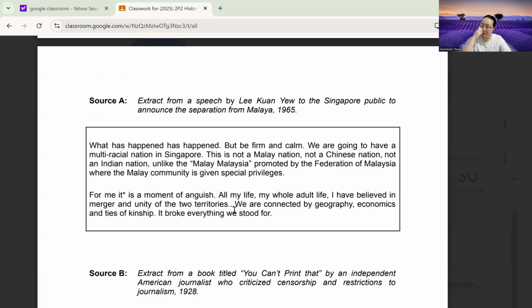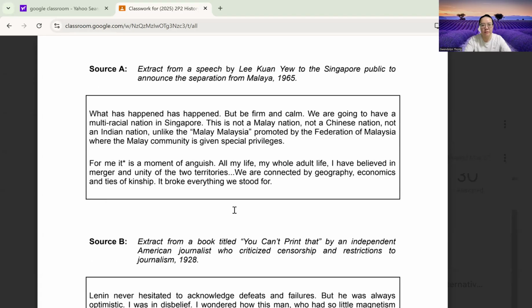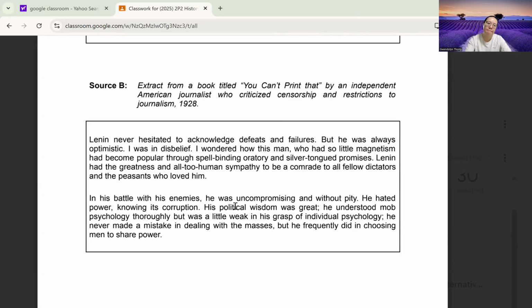So he felt that it wasn't something that Singapore necessarily should have to go through, but sadly, this is what it went through. I hope you got this right. The answer is critical. It's critical of separation. Let's try another one.